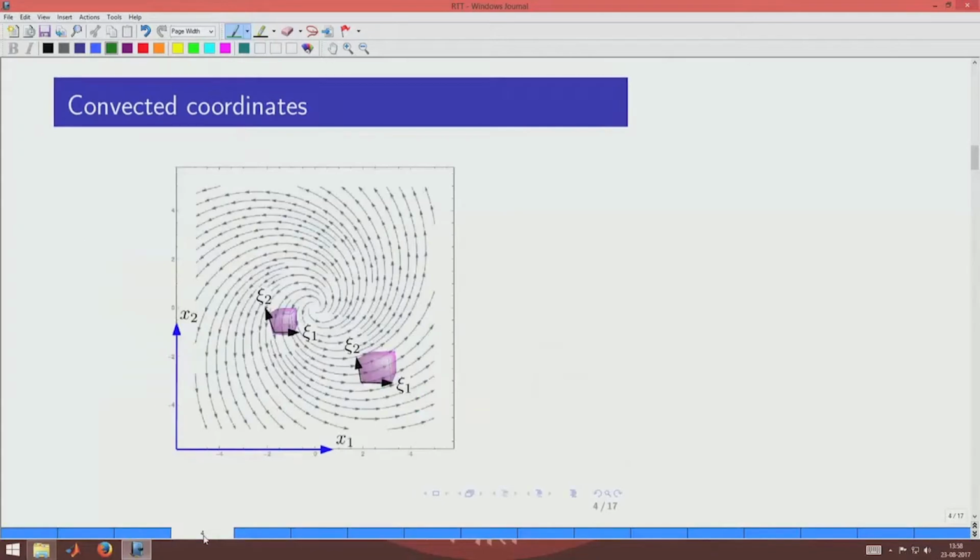So why are we calling these xi1, xi2, xi3 the convected coordinates? The reason is that they are fixed to the volume element and they would expand and shrink as the need arises, so that the volume as defined in that coordinate system will always be the same, whereas the volume of the control volume which is moving in the spatial coordinate system, namely x1, x2, x3, can change. Okay.